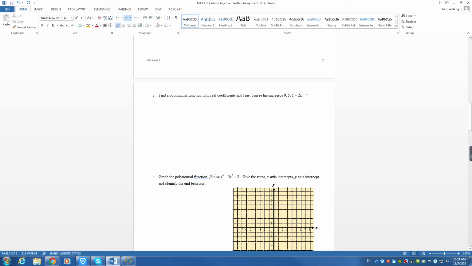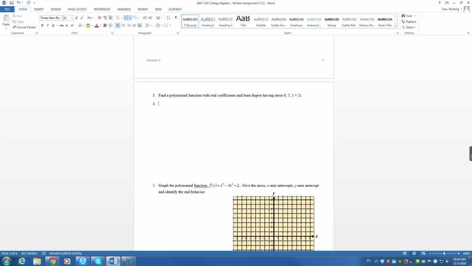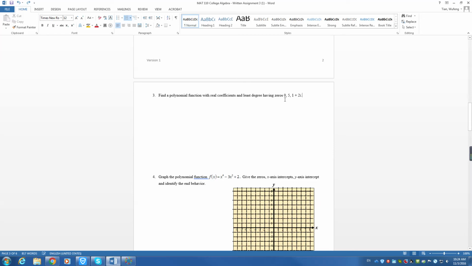Whenever you look at this polynomial function with real coefficients, at least a degree has zeros. Okay. So basically, you have a 0, so it's x minus 0, right? And it's x minus 5. That's the first root.